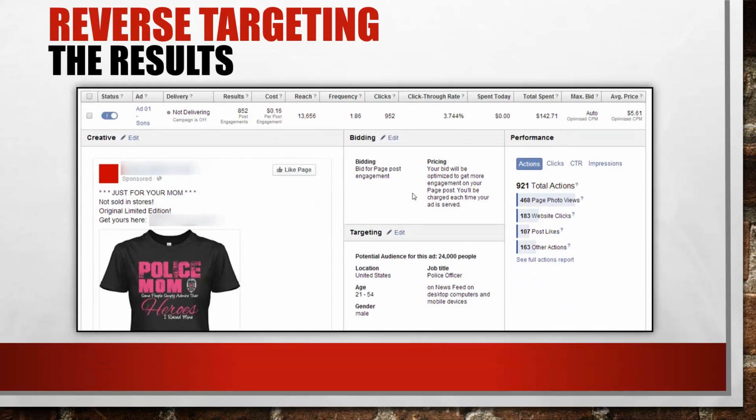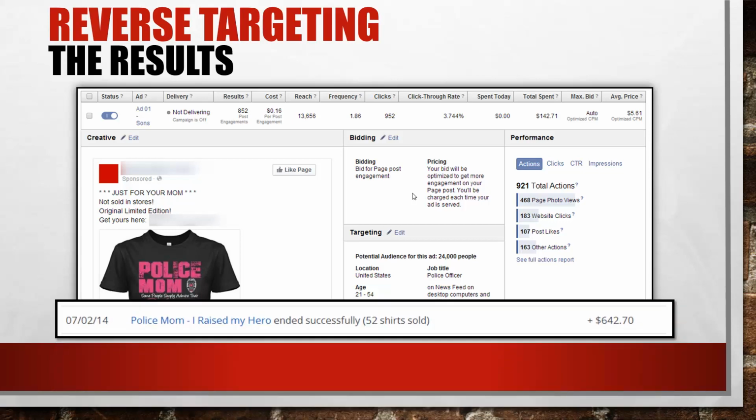So let's look at the breakdown of this. You can see this is the actual ad in Facebook. Let's look at the actual money that came in and all the stuff that happened on this. You can see here we targeted, just like you saw in the targeting, job title police officer, 21 to 54, and we targeted men in this instance with this ad. We ended up selling 52 shirts and we made $642.